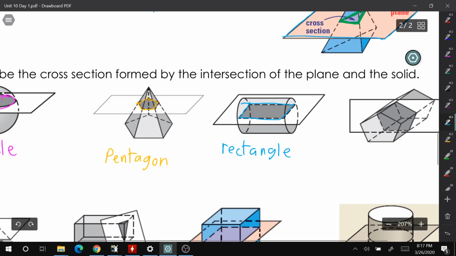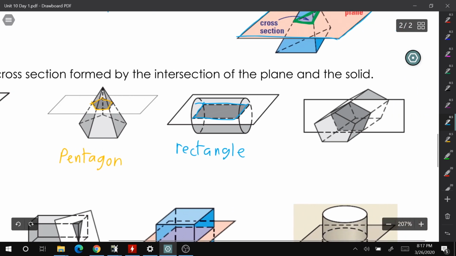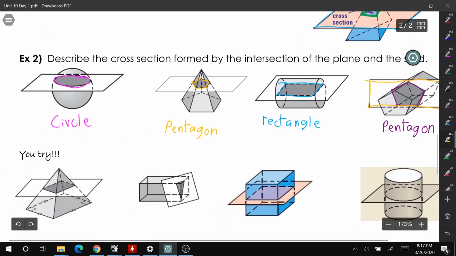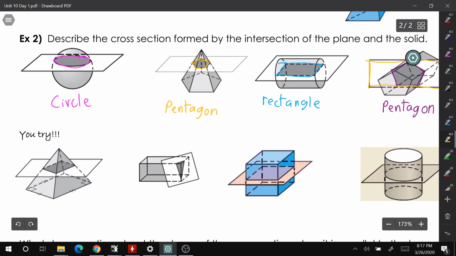And then the last one, the cross section formed here is a pentagon. So we look at the intersection of our plane and our three-dimensional solid. So look at the ones below, these 4 down here, and try those and see what you get.